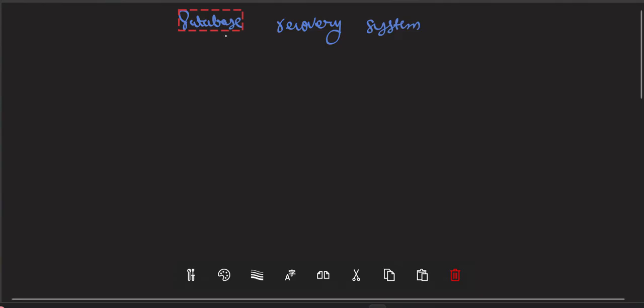So our goal today is to understand the database recovery system. Let me define the terms we have used.